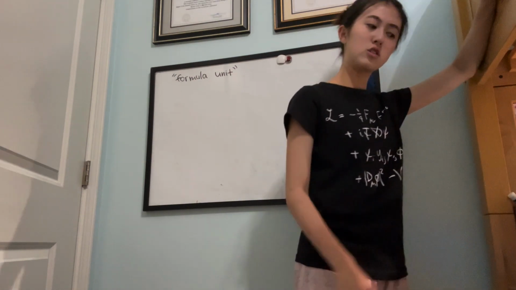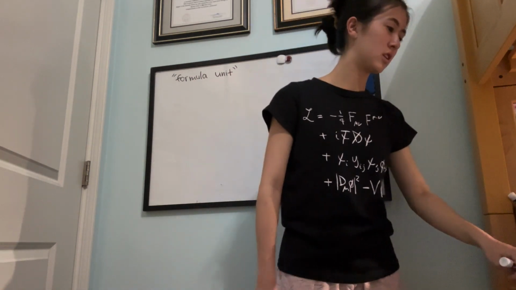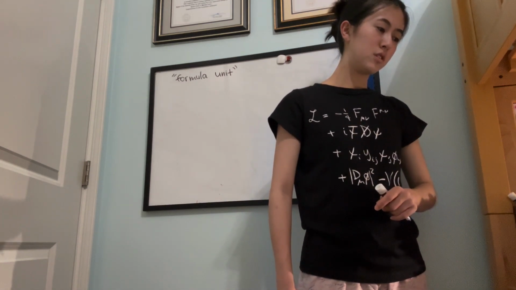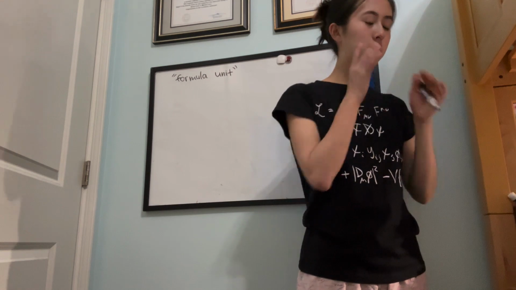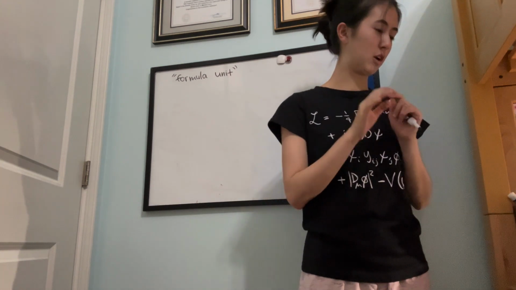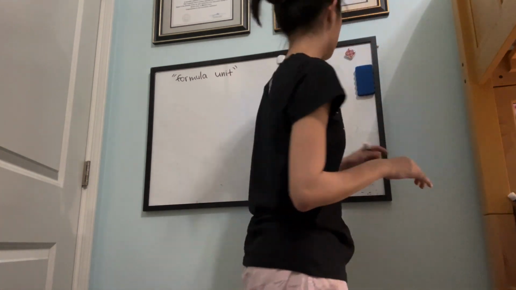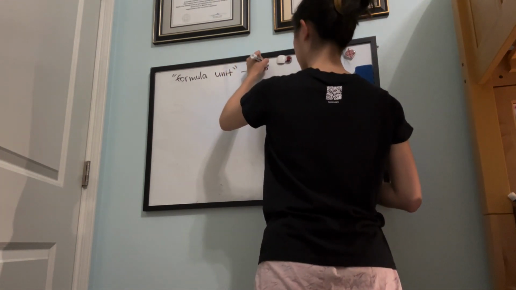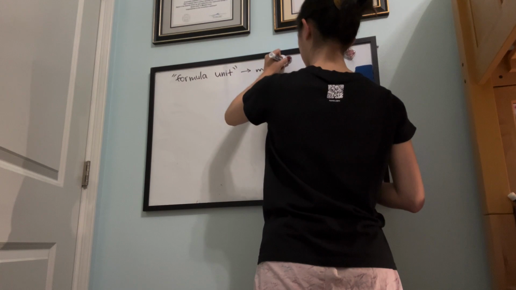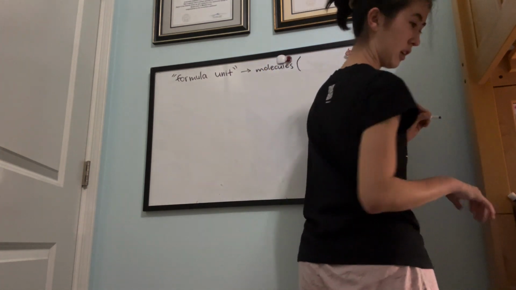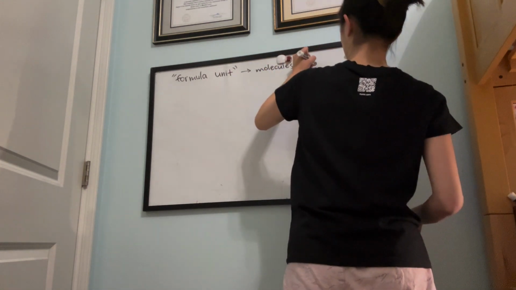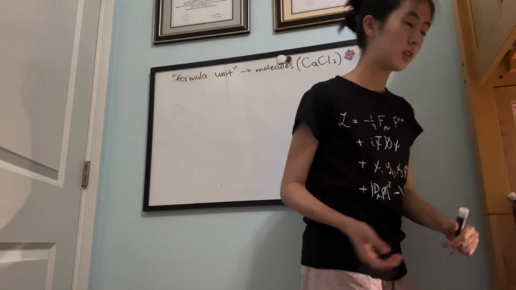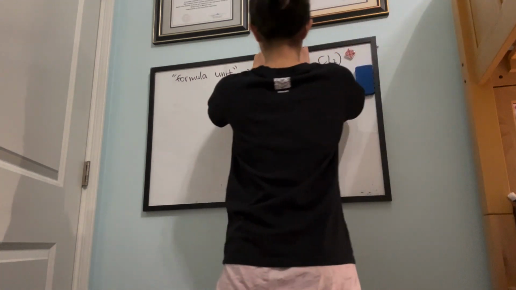Okay, so I think in this case, because it's CaCl2, which is made up of several atoms, and we're not calculating atoms, we're calculating, in this case, the molecules. Specifically, this molecule, CaCl2. Okay, cool.